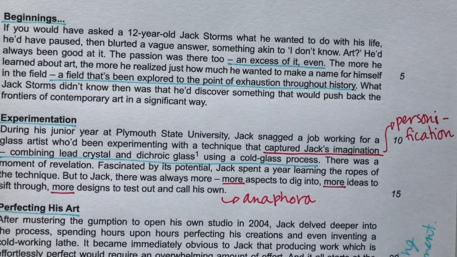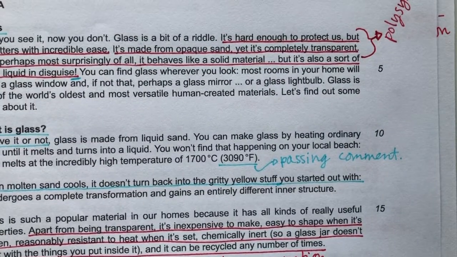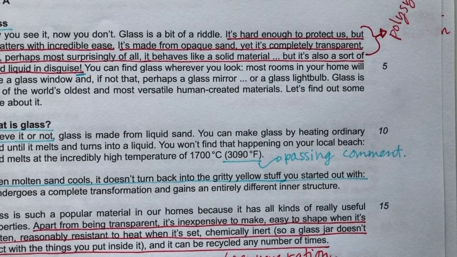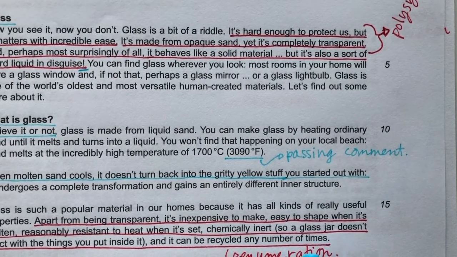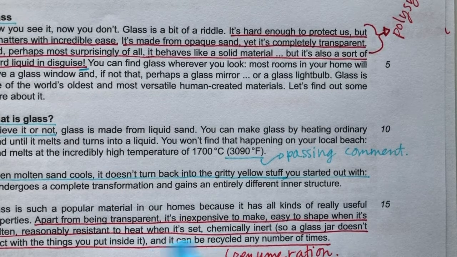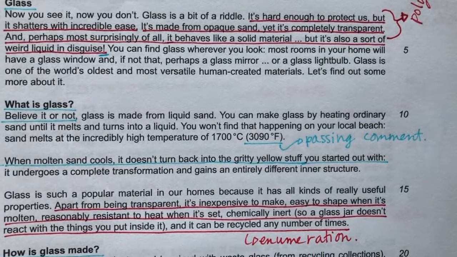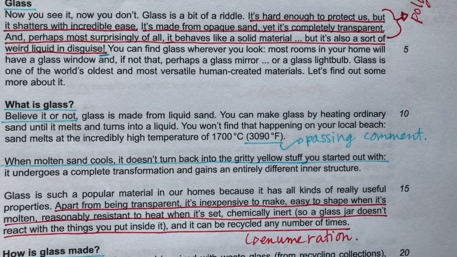Personification again. And here in text A, I don't believe that I saw personification. Okay, maybe there may be one, I'm not too sure, but I did not. Let me know down in the comments if you actually spotted a personification.